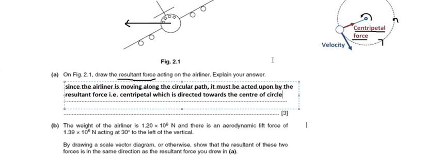So there must be the centripetal force. This word is extremely important here. It must be acted upon by the centripetal force, which is directed toward the center of the circle. So here you should write down the centripetal force instead of just the centripetal. Okay.